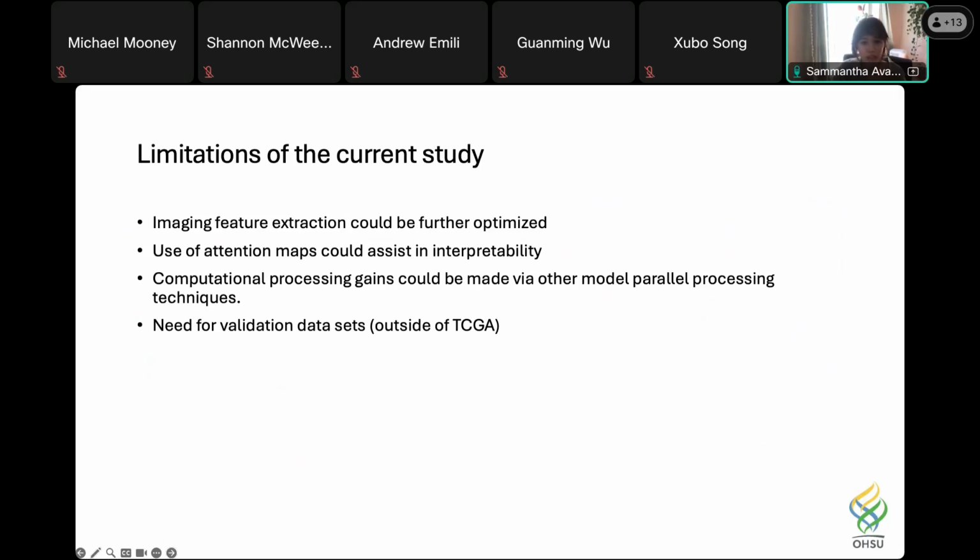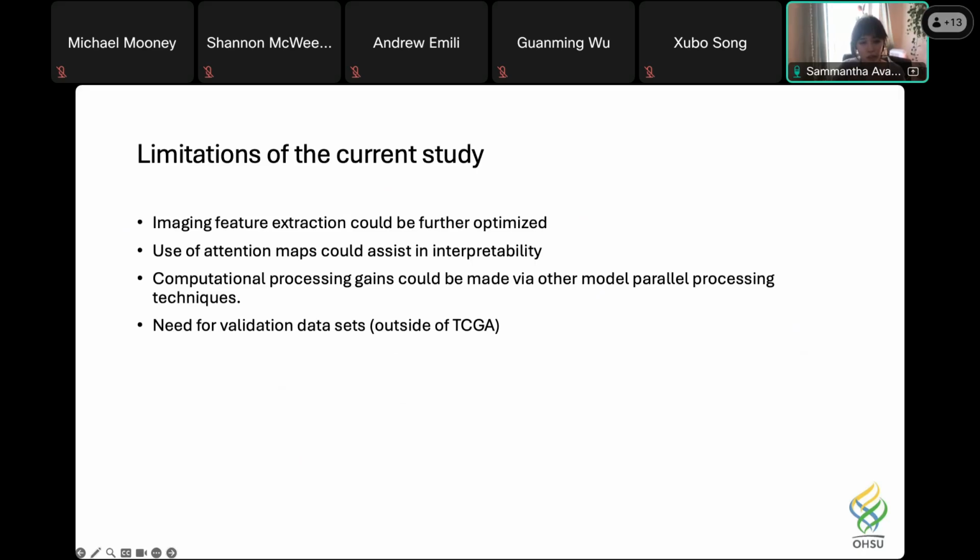In addition, as I highlighted earlier, the attention-based multiple instance learning model created attention scores that weight different patches according to their relevance for basal and luminal classification, increasing the unimodal model's interpretability. We could use these attention scores to create attention heat maps that could be overlaid on top of our whole slide image. That would allow us to visually see what specific tissue regions led to our results.